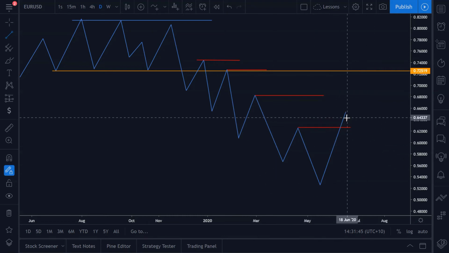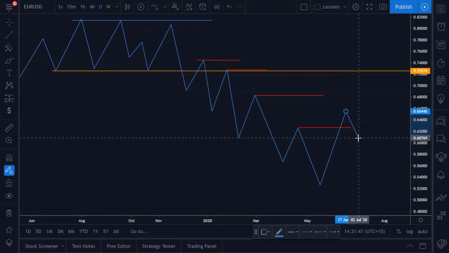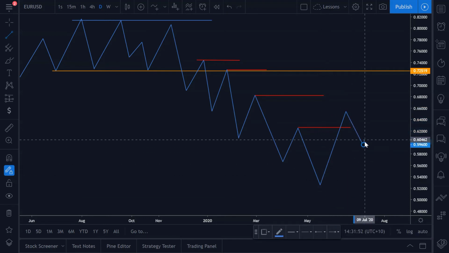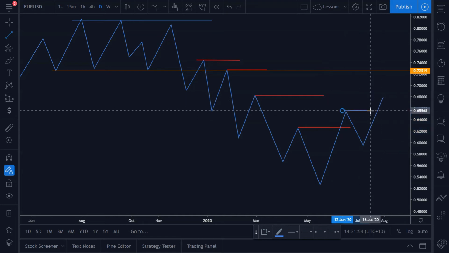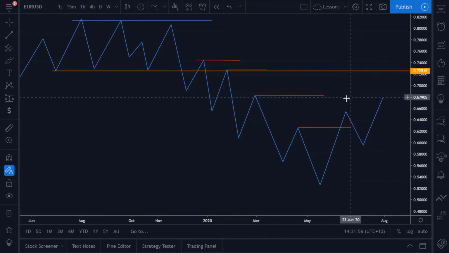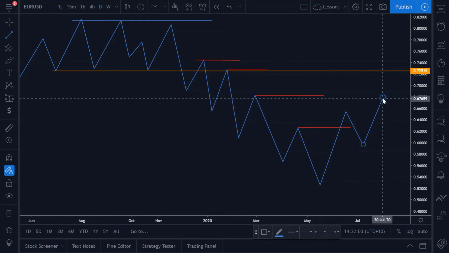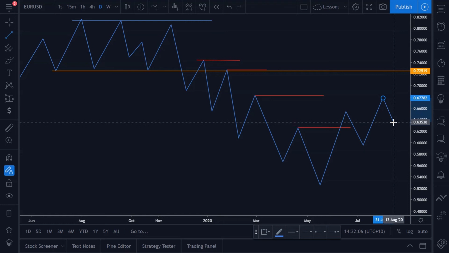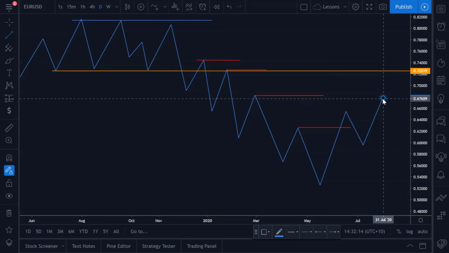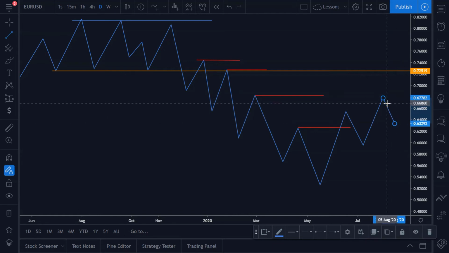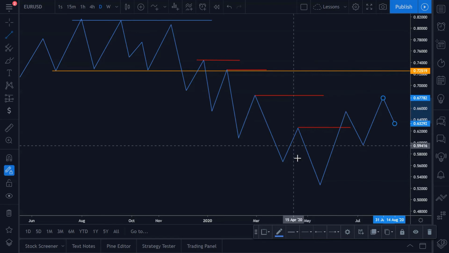Now what that would look like is if the market were now to pull back and make a new low that is higher than this low and then break and close above this high, now you have the beginnings of a potential bullish trend. And so during this next pullback, depending how conservative or aggressive you are, you could begin looking for bullish trading opportunities, for long trades, in anticipation of a bullish trend reversal.